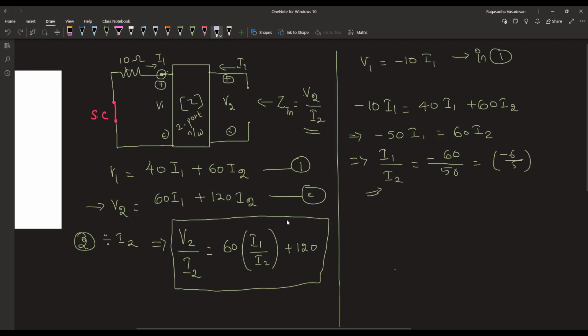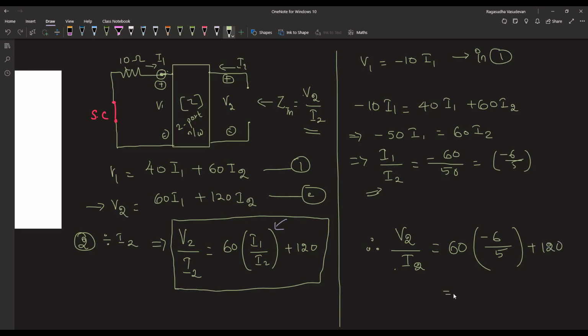Now we have found out I1 by I2. We can substitute this right here to find out V2 by I2. 60 into minus 6 divided by 5 plus 120. This will be minus 72 plus 120, which is 48 ohm. So V2 by I2, or the impedance looking at the second port, is equal to 48 ohm.